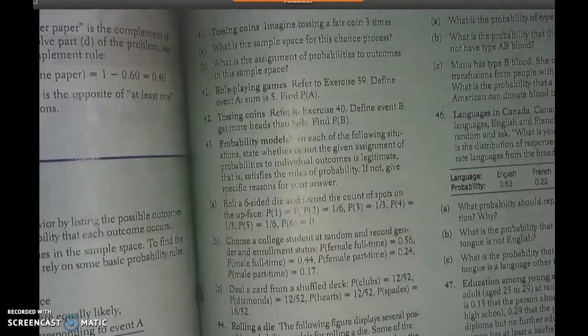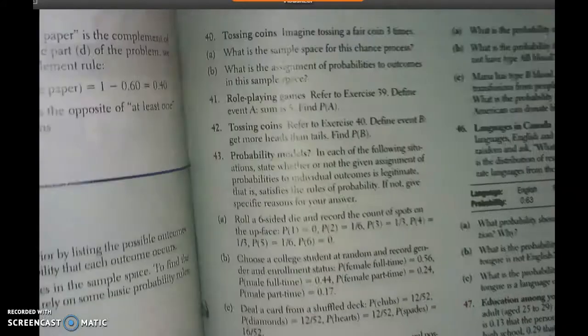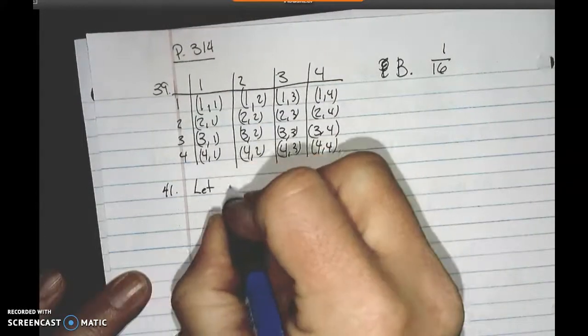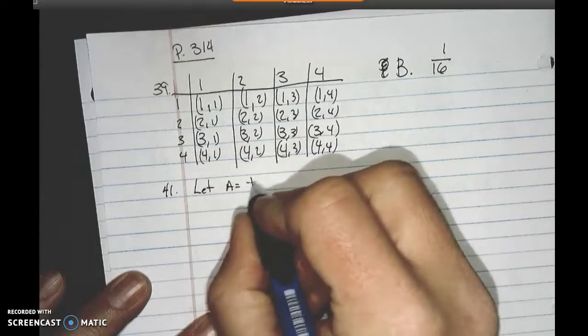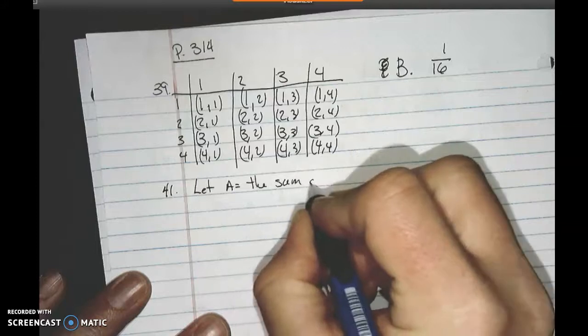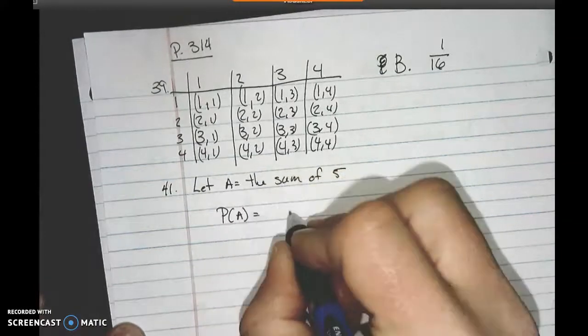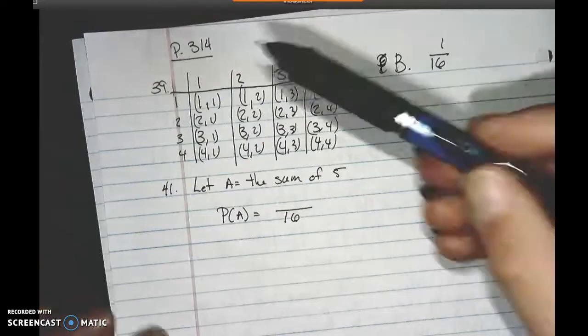41 says, role-playing games, refer to exercise 39, define event A, the sum is 5, and then find the probability of A. Well, let's look at this real quick. What you guys are going to see is this is my event, so I'm going to say let A equal that we roll the sum of 5, right? So when it says find the probability of A, I have 16 as my total outcome, and then I want sum of 5.